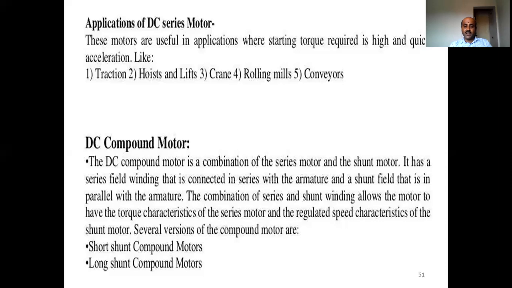Now when you combine these two, a shunt motor and a series motor, the series field is connected in series with the armature, whereas the shunt field is in parallel with the armature.